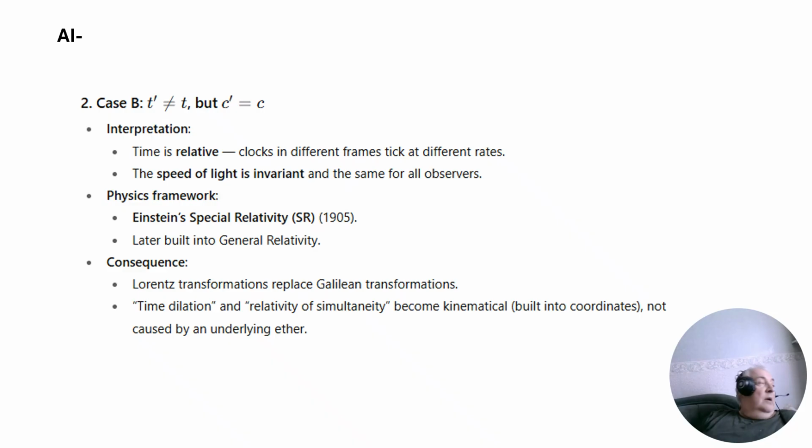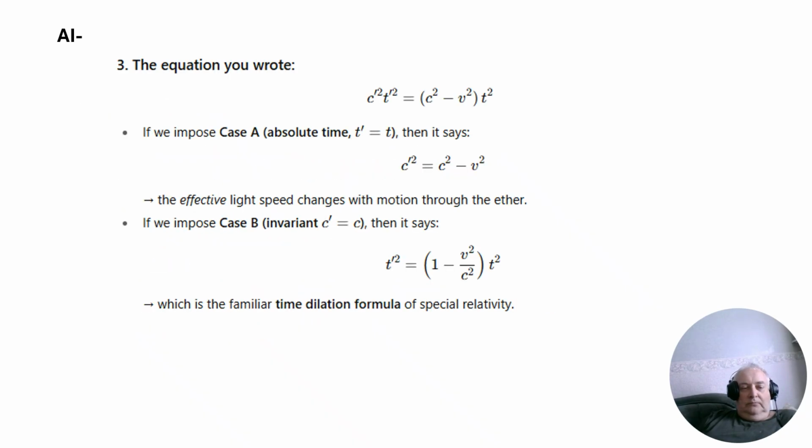And a lot of this is modern interpretation of special relativity, because if you go by what Einstein was writing in 1905, it's not quite clear what he's talking about, and we've had other people come along after him and try to tidy things up for special relativity. So AI continues with the equation you wrote.